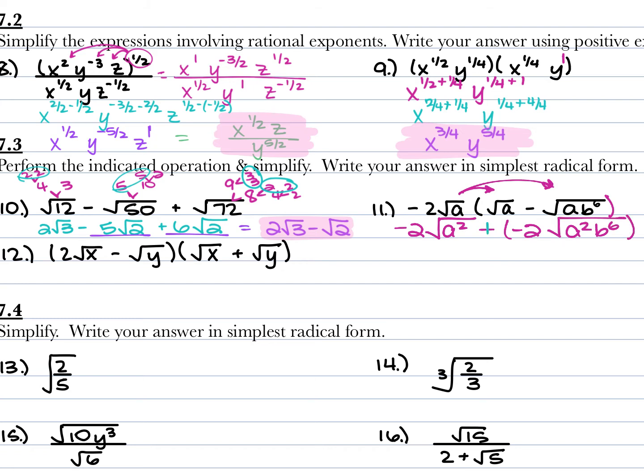Your negative times negative is a positive. You're also going to simplify those two radicals. So it's going to give you negative 2 times a plus 2 times a b cubed. So this is just negative 2a plus 2ab cubed.